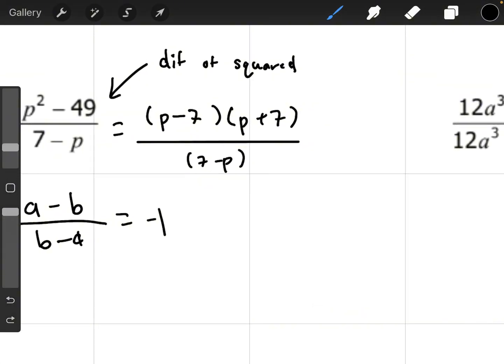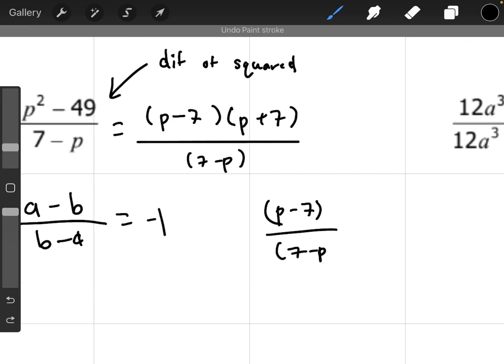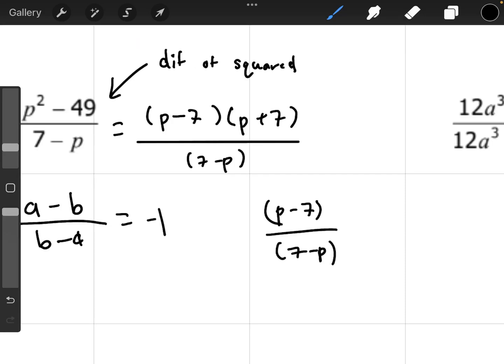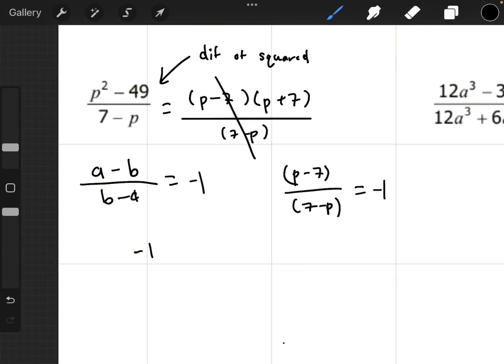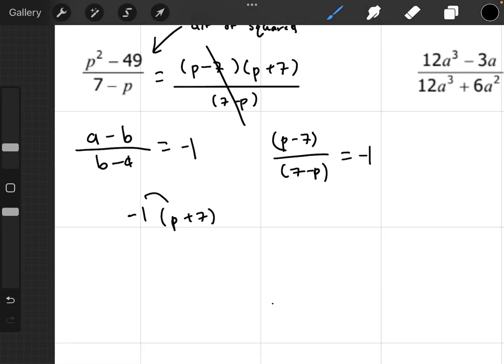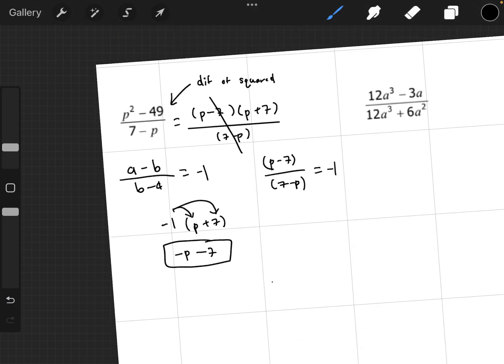So here for this expression, we see that we have p minus 7 over 7 minus p. Which we can simplify to negative 1. So we'll cross this out and rewrite it. It's negative 1 times p plus 7. We'll distribute this negative 1 to the p and the 7, and we'll have negative p minus 7.